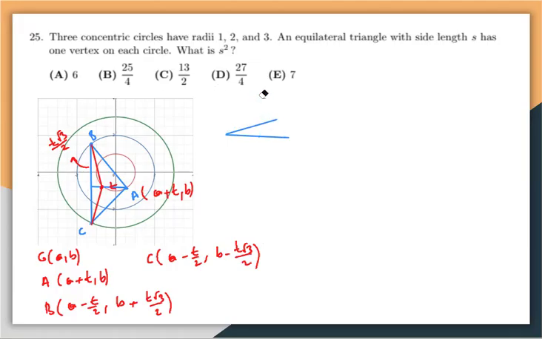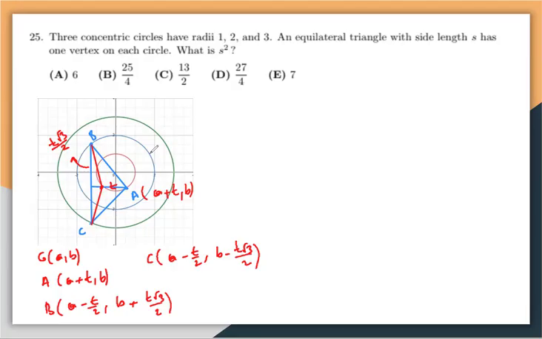Now we can write the distances. We know the distance from the centroid to each vertex is T, but we also know the distance from the center of the circles to each point, so we can make three equations.